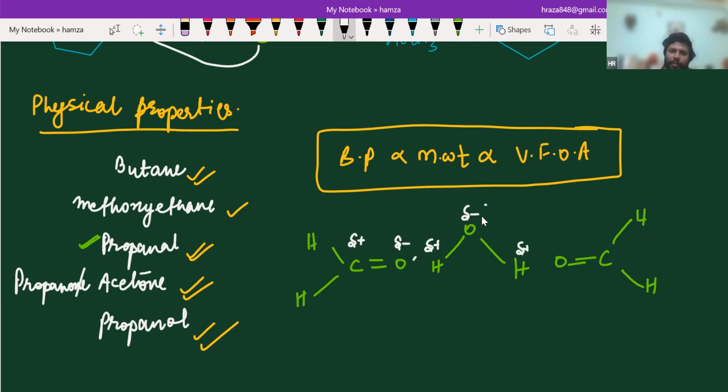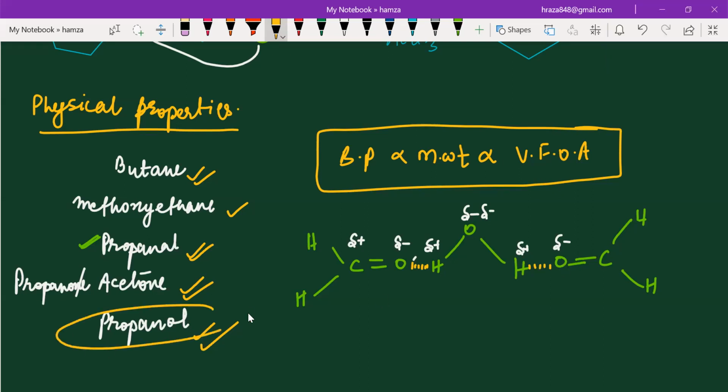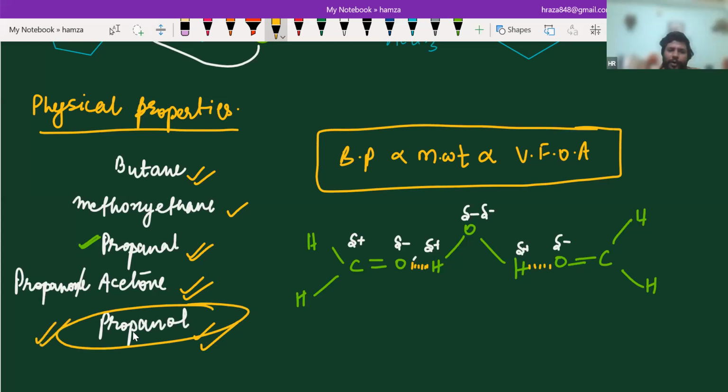So there will be a force of attraction that is called hydrogen bond. Is that clear? The highest boiling point is of propanol, because its hydrogen bonding is more than aldehyde.